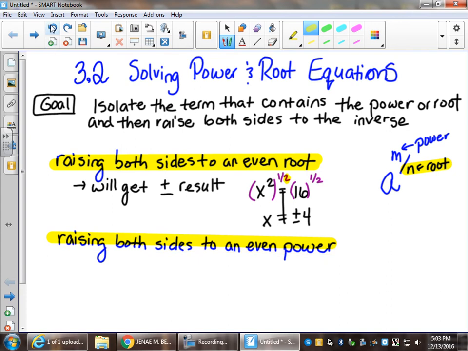Oops, I want to make that a different color. Sorry. I'll make it blue. Because I want you to see it as different than what we just talked about. Because now we're talking about the numerator, the m as in Mary, the m value.